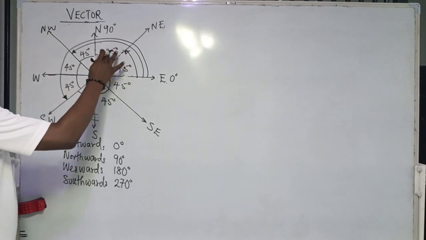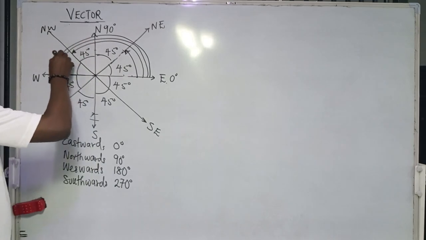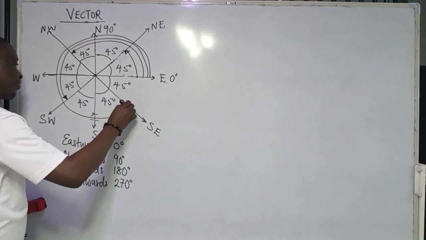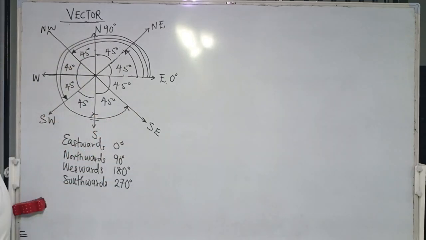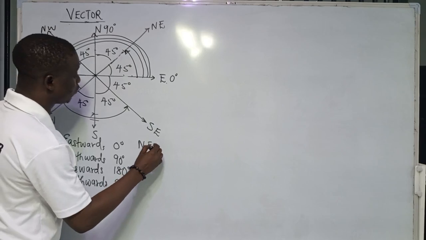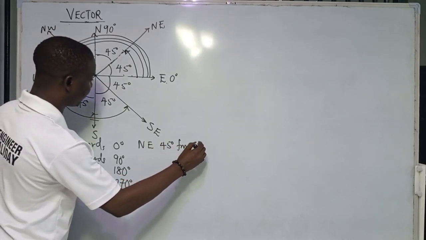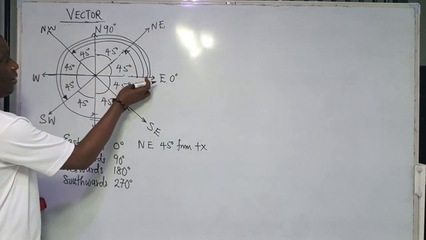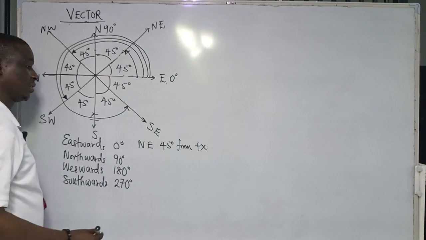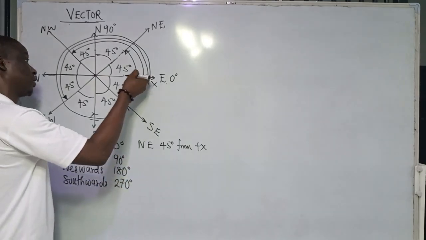Then finally, I rotate this to meet up with south-east. Now, if you check the rotation very well, northeast is 45 degrees from the positive x direction. Look at it now. From here to this place is the positive x direction. You rotate anti-clockwise.